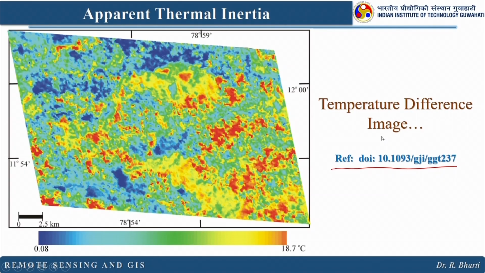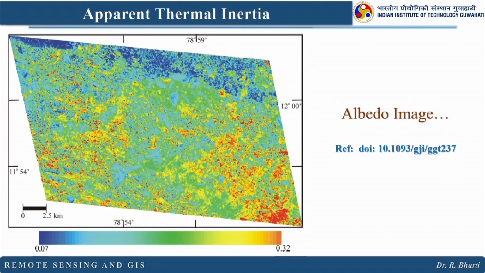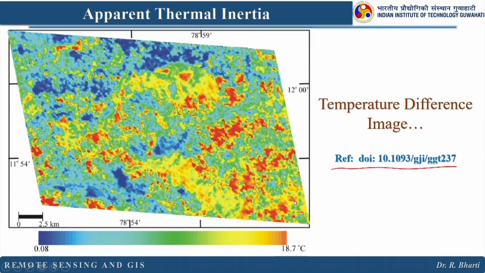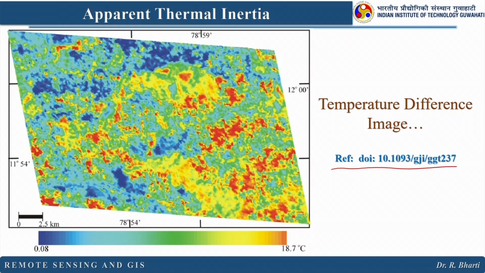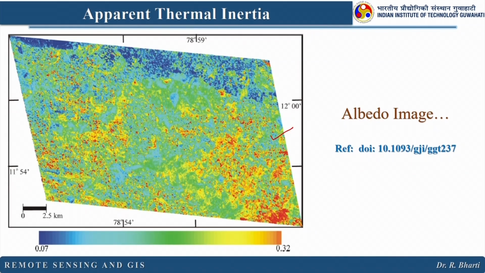Now you can see, when we are using temperature data, the temperature data of ASTER has 90 meter resolution, whereas albedo has been calculated using the 0.4 to 2.5 micrometer wavelength bands. So here your resolution is 30 meter. This difference you can easily see here. So this has good spatial resolution compared to your thermal data, right.